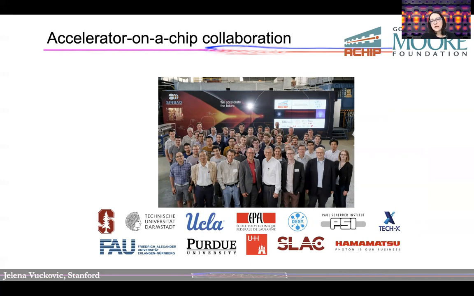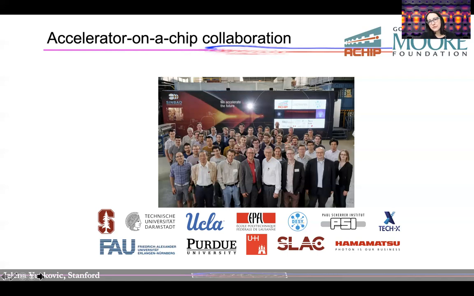And we're actually working on building a scalable on-chip accelerator, which is also useful for practical applications, and that would reach the range of energies that could be used already today in applications in medicine or even eventually in high energy physics experiments.